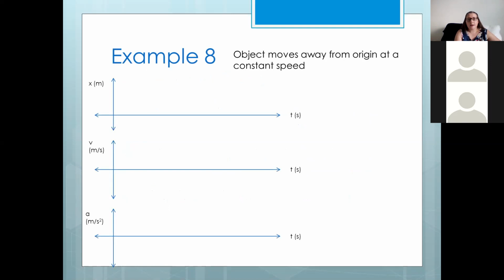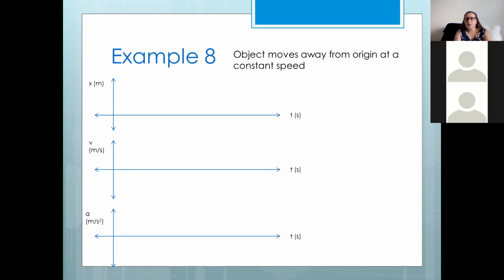I set these graphs up in stacks because I think that helps show how the position, velocity, and acceleration relate to each other. You can also draw them side by side, but I tend to draw them in stacks for visual connection. On top we have our position time graph, in the middle our velocity time graph, and on the bottom our acceleration time graph.